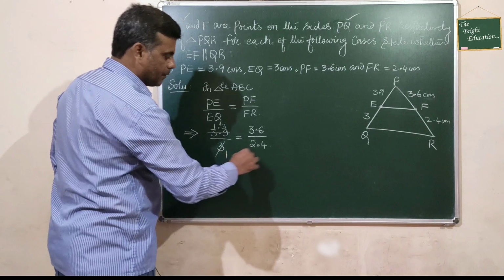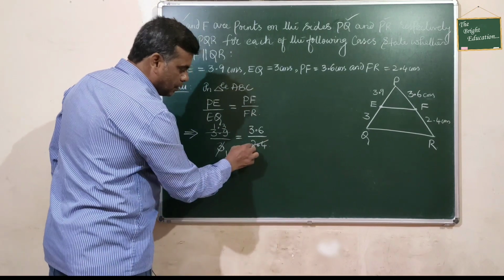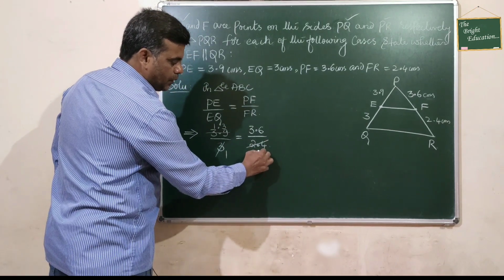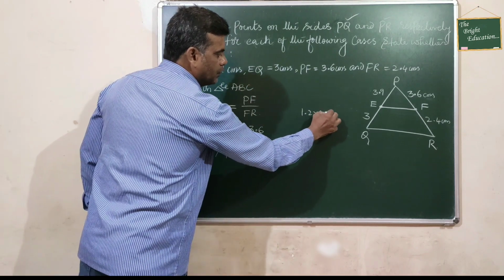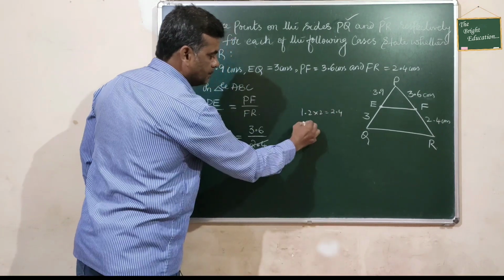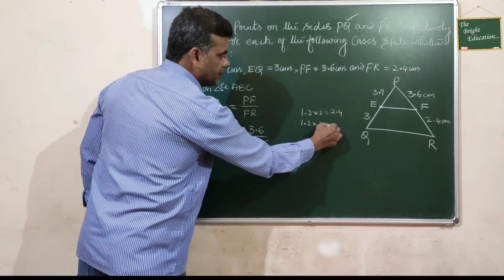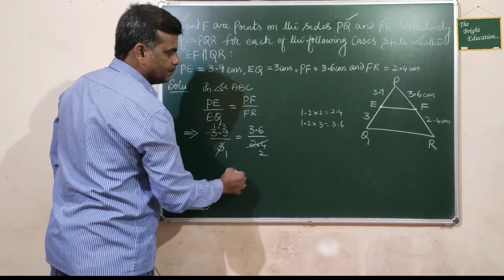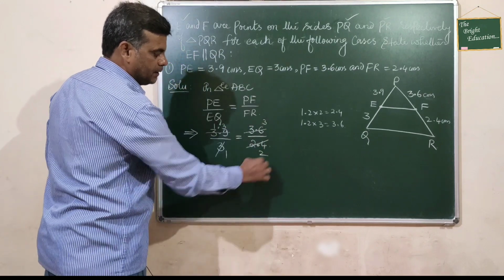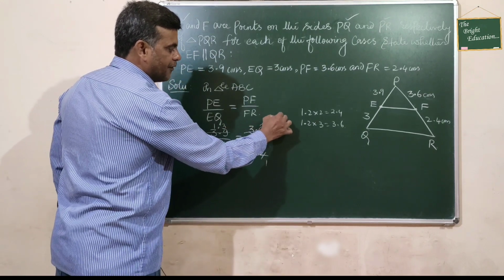Here, 1.2 into 2 is 2.4, 1.2 into 3 is 3.6, then here it is 2 times, here it is 3 times, so 1.5.